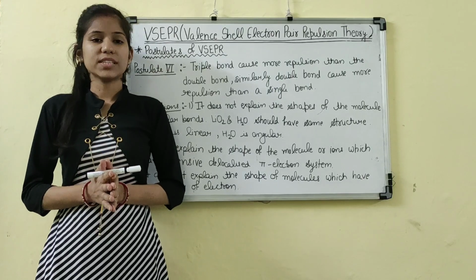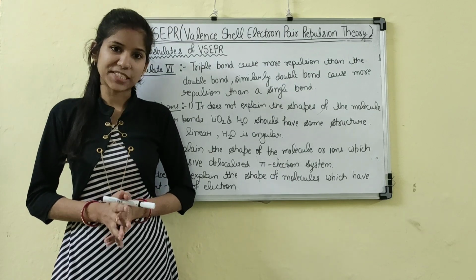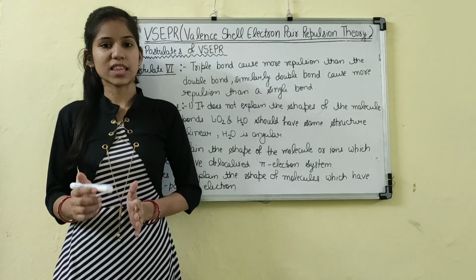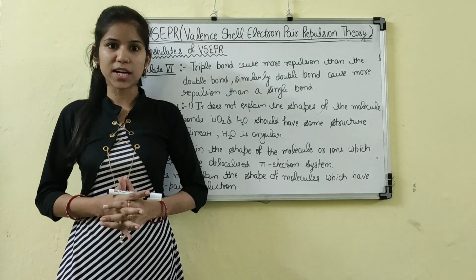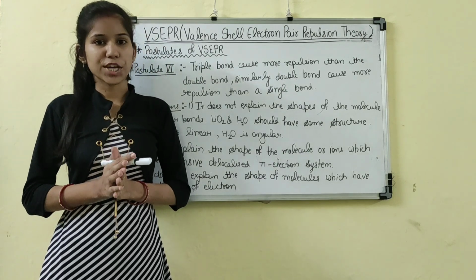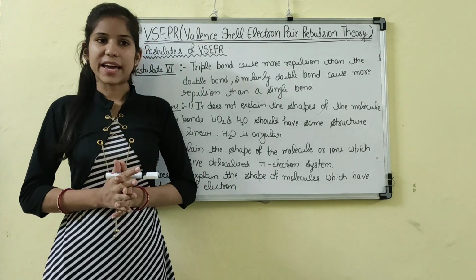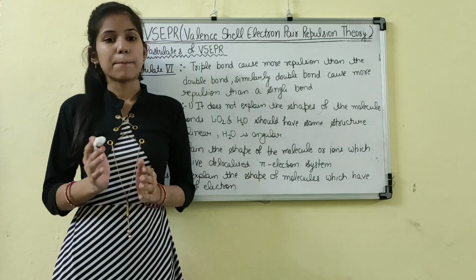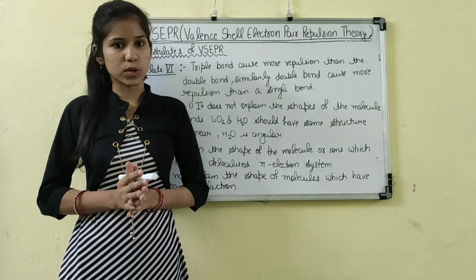Now we move on to the sixth postulate. A triple bond causes more repulsion than a double bond, and similarly a double bond causes more repulsion than a single bond. Now we move on to the limitations of VSEPR theory. It does not explain the shape of molecules which have very polar bonds, like Li2O and H2O have the same formula, but Li2O is linear and H2O is angular.